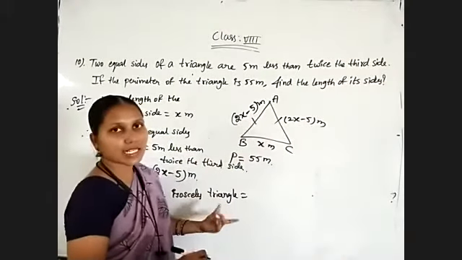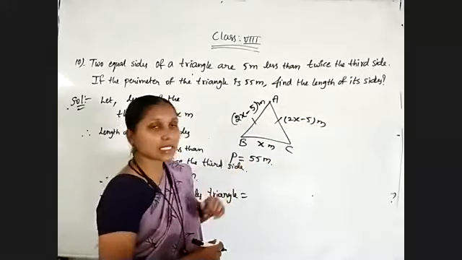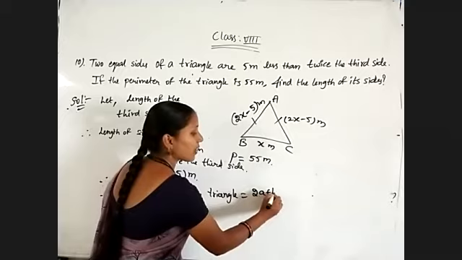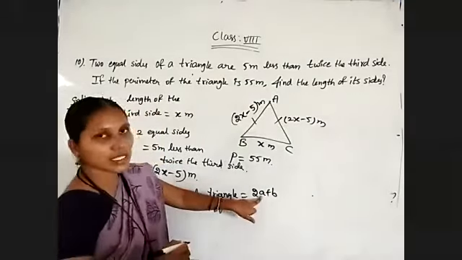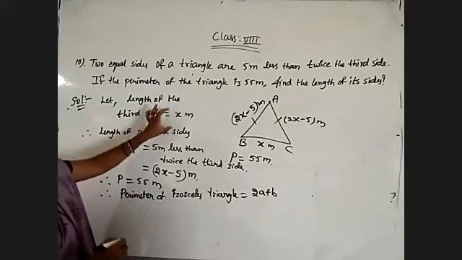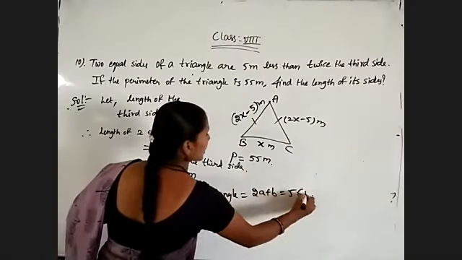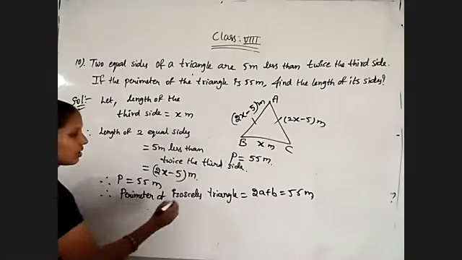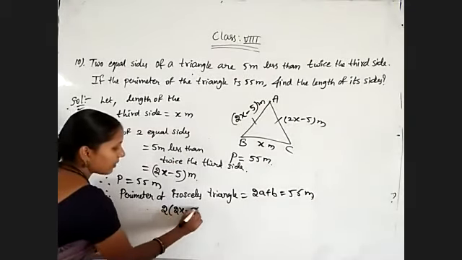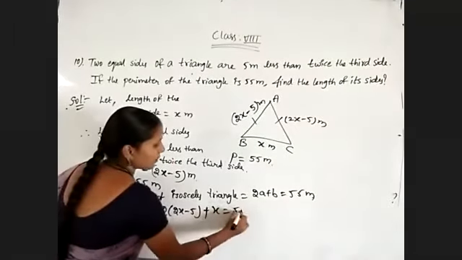So for the perimeter of the isosceles triangle, two sides are equal, so 2A plus B, we have the formula there. A is the equal side, B is the unequal side. A value here is 2x minus 5 and B value is x, that is equal to 55 meters as given in the question. So that is 2 into (2x minus 5) plus x is equal to 55.